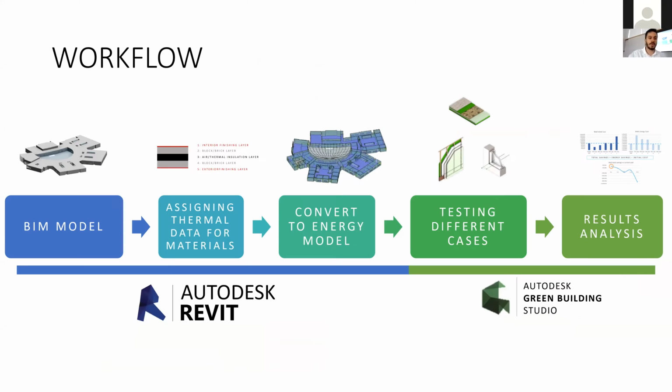So the workflow that we used in that case study was using Autodesk Revit and Green Building Studio. It wasn't a fully parametric workflow, but a semi-parametric workflow because we had to test different assemblies and building materials manually.